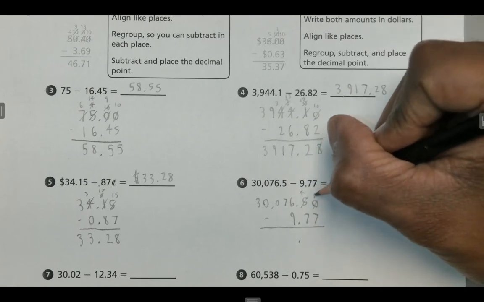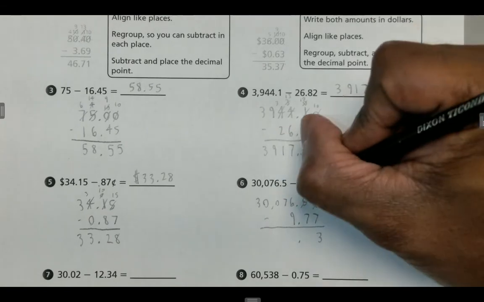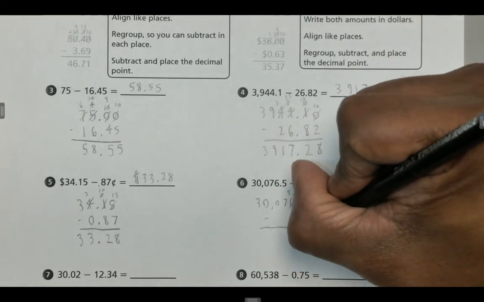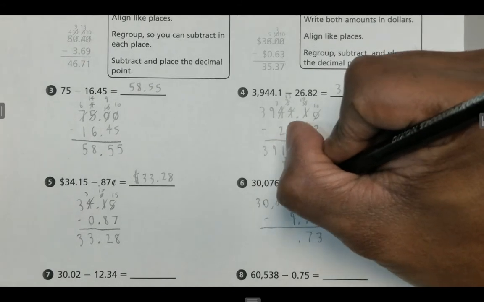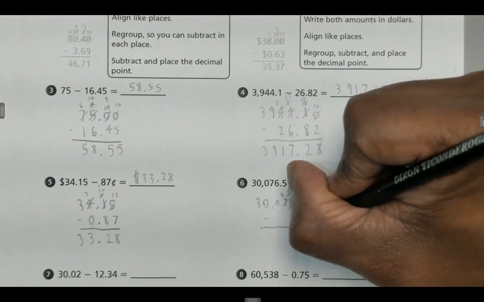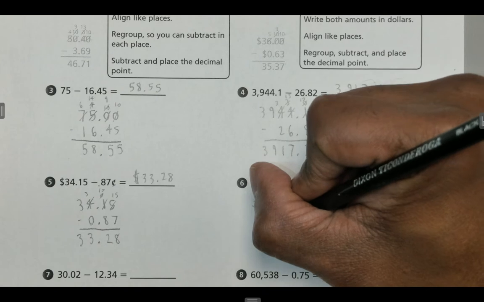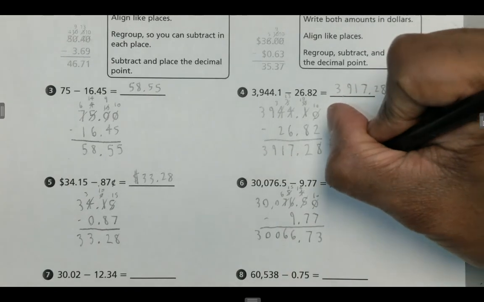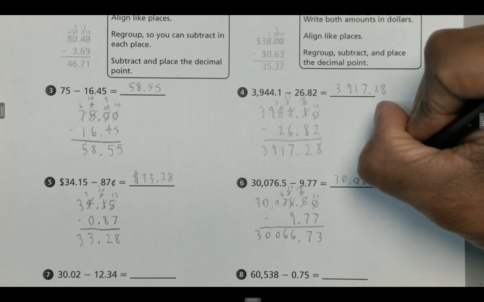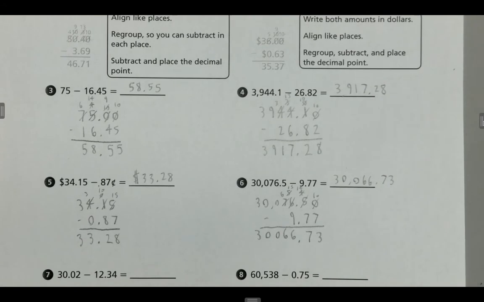That becomes a 4. 4 minus 7. 14 minus 7 is 7. 5 minus 9. 5 needs to borrow. That becomes a 15. 15 minus 9 is 6. 6 comes down. 0 comes down. 0 comes down. 3 comes down. 30,066 and 73 cents.